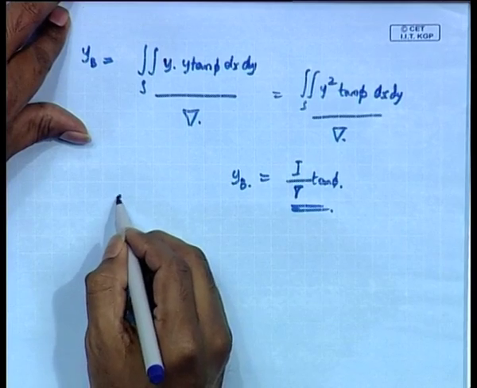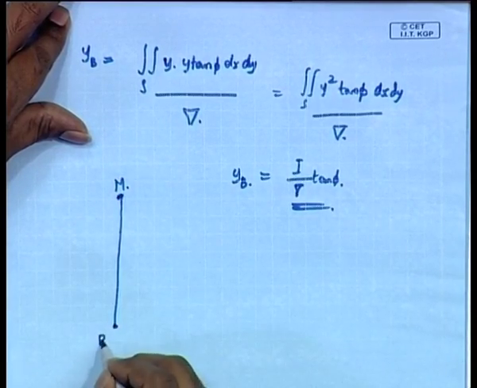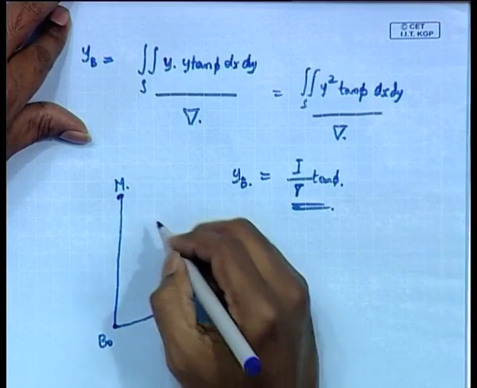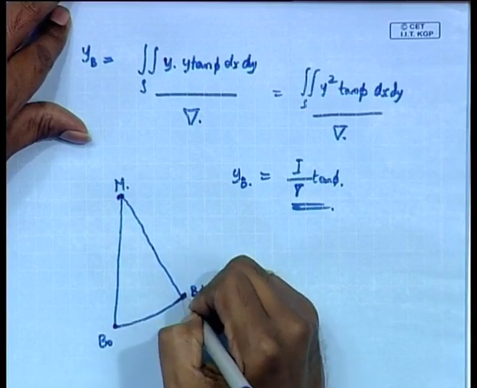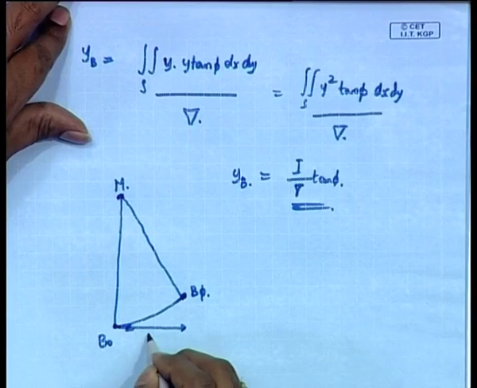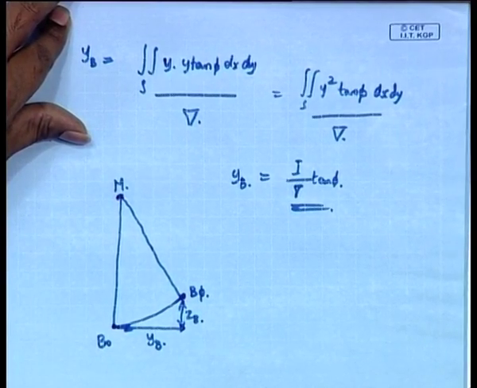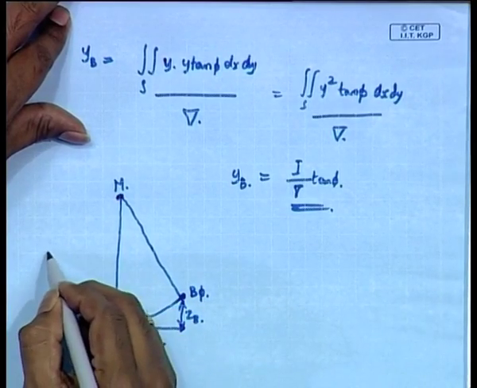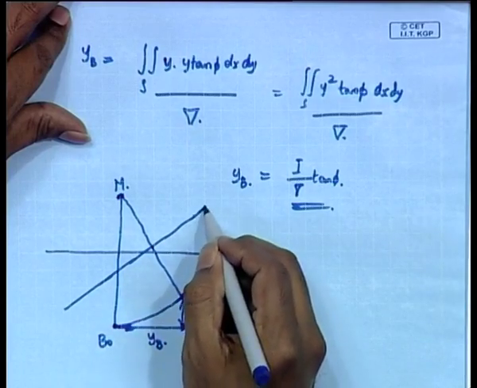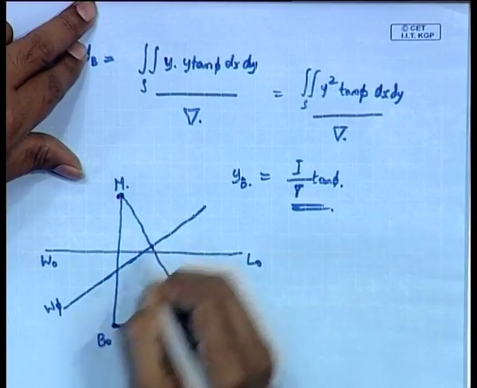Then let us consider this. Initially this is your metacenter, this is B 0, it has shifted to a new point B phi, and this is y b, this is z b. This is W 0 L 0, W phi L phi.